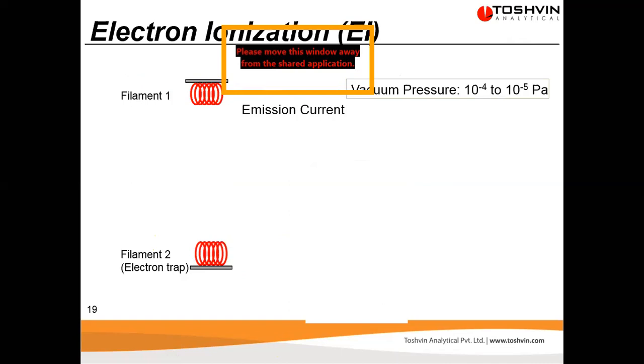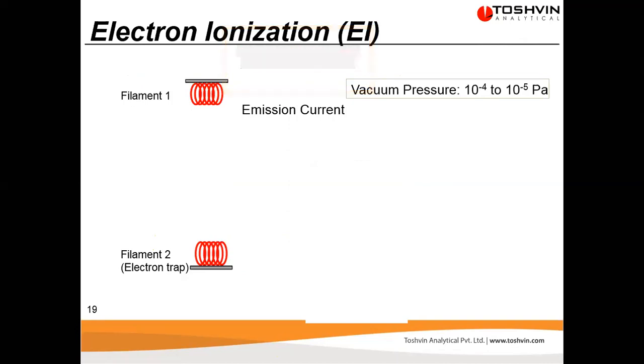Now, what is the ionization unit? The ionization source used in GCMS is electron ionization. The other term used is electron impact. There are two different terms, so you can say either.